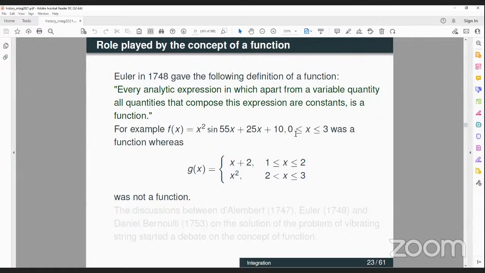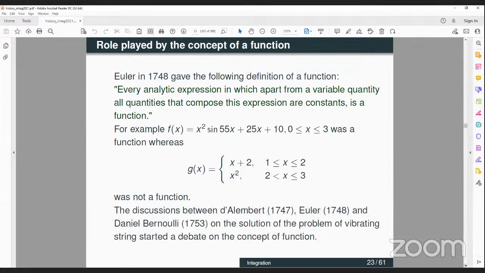So he did not accept this as a definition of function. This controversy about what should be called a function went on between d'Alembert in 1747, Euler in 1748, and Bernoulli in 1753.